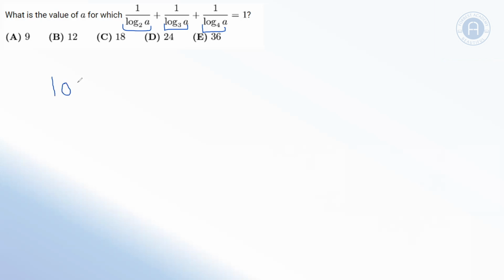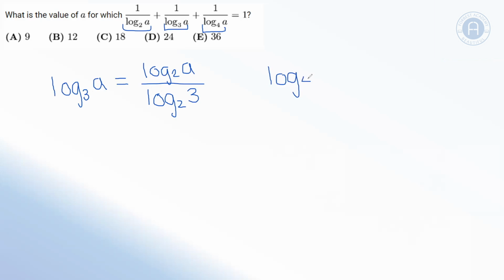So what we'll do is we're going to change log base 3 of A into log base 2 of A divided by log base 2 of 3. In the same way, we're going to change log base 4 of A to log base 2 of A over log base 2 of 4.